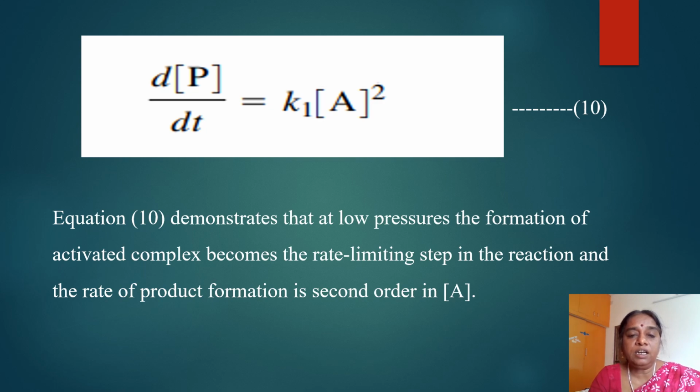Equation 10 demonstrates that at low pressures and at low concentrations of the substrate, the formation of the activated complex becomes the rate determining step, due to the availability of the reactive intermediate to form the product, and the rate is second order with respect to the proposed mechanism.